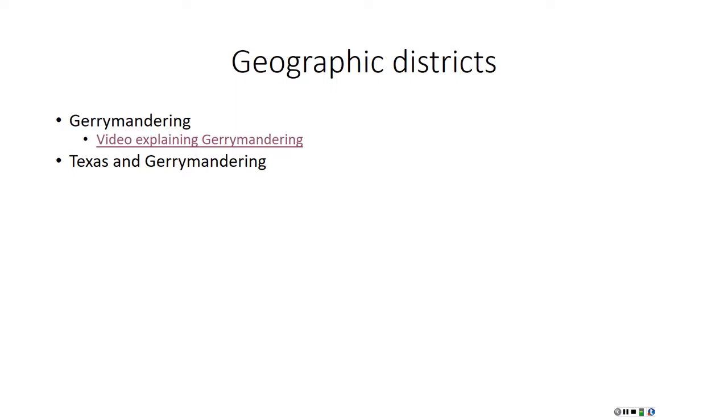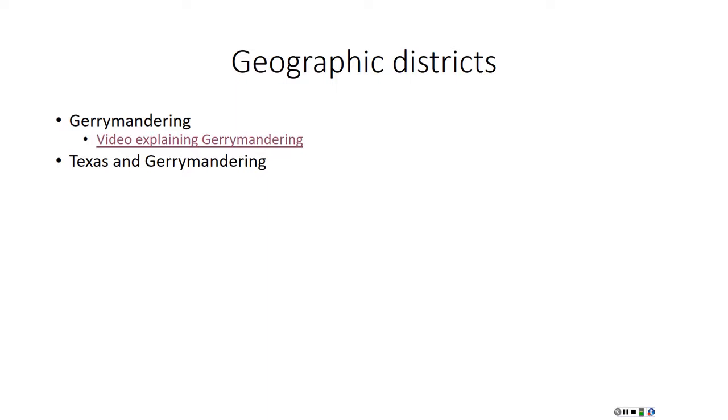Okay, now remember that districts have to have approximately the same number of people living in them. We know this because every 10 years, the U.S. government will conduct a census. They will try to get an approximate count of the number of people in the states. This information is used to draw the United States House of Representatives districts.